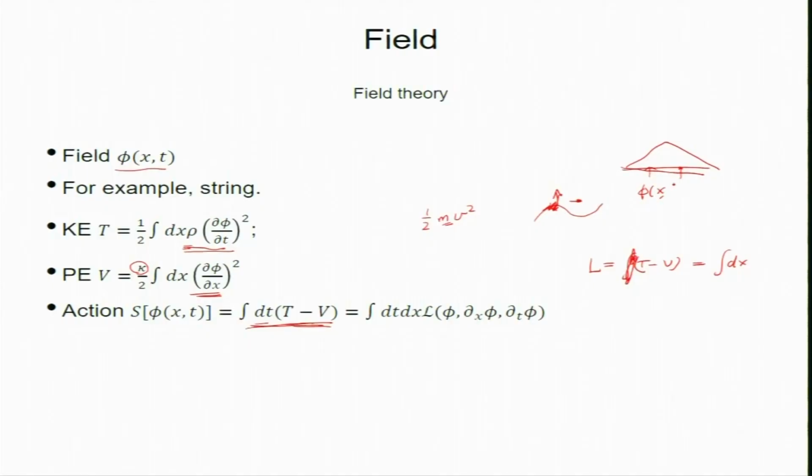So, we have phi of x, t equal to 0, this is the initial condition, and phi of x, t equal to t final is the final condition. In the action principle we define both initial and final conditions, and then we see what the evolution from initial to final is and what the equation of motion is. That is what we do.